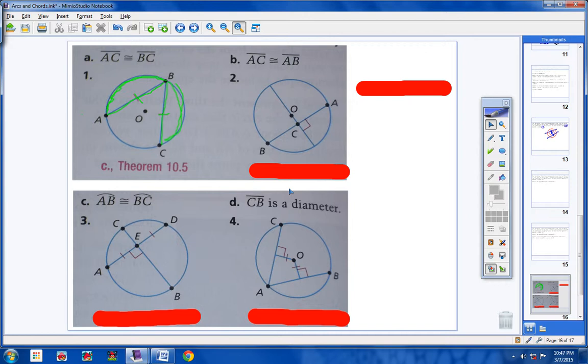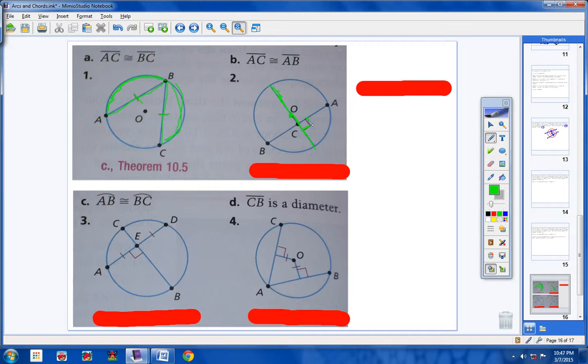We have here a diameter, and I know it's a diameter, students, okay? I know it's a diameter because it goes through the center of the circle. So I have a diameter that's perpendicular. Now we had a theorem that said if the diameter of a circle is perpendicular to a chord, then it bisects the chord and its arc.